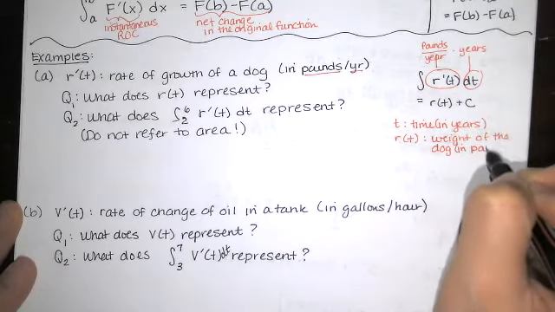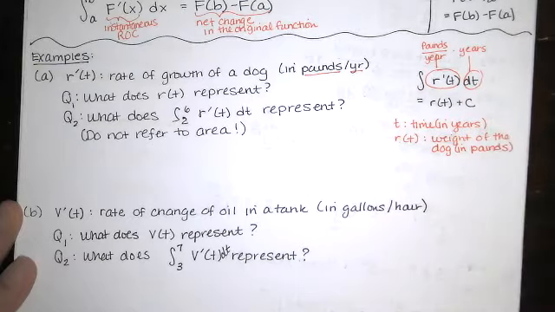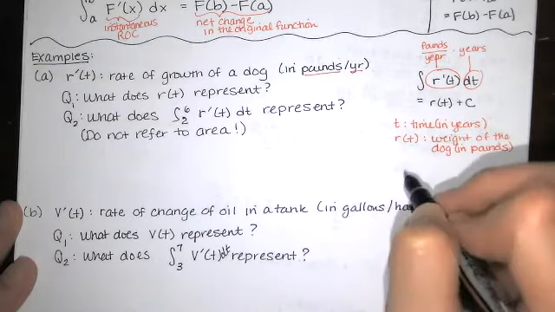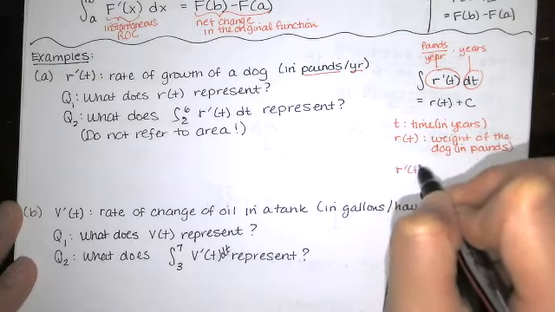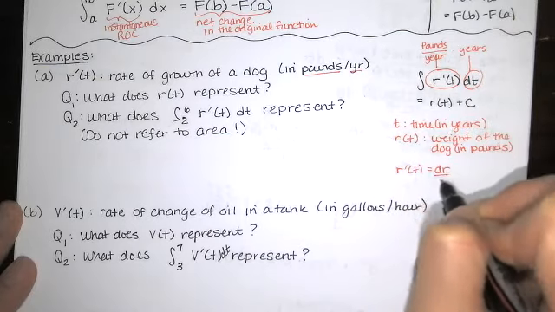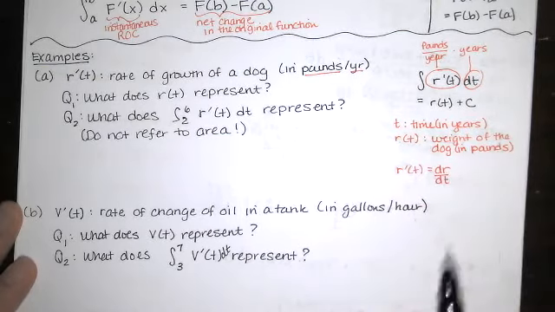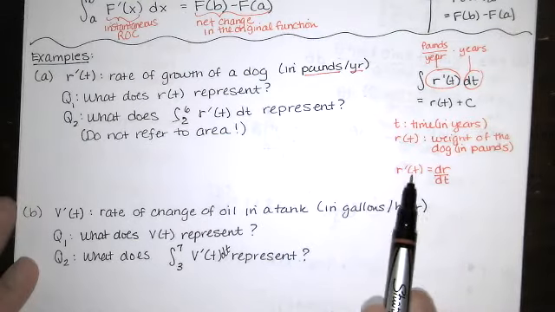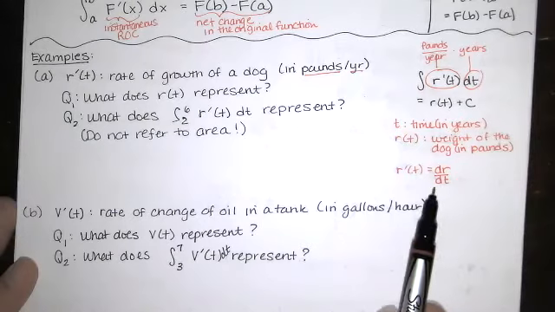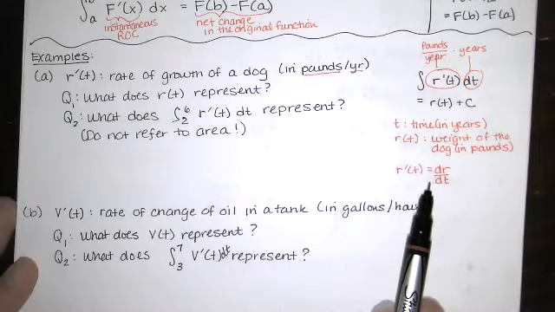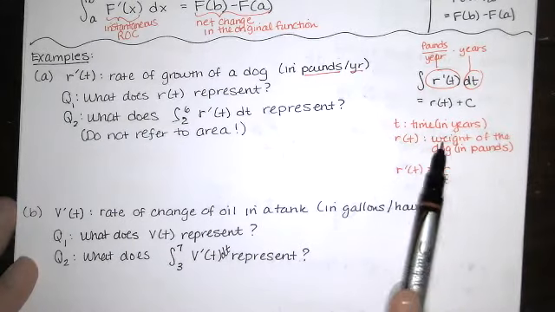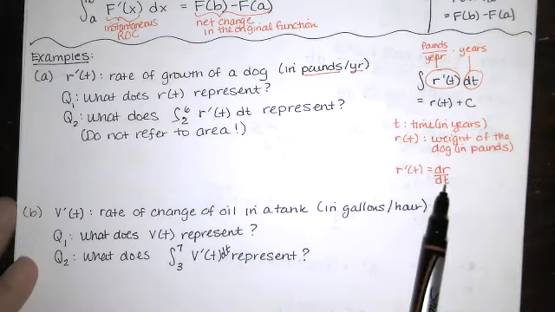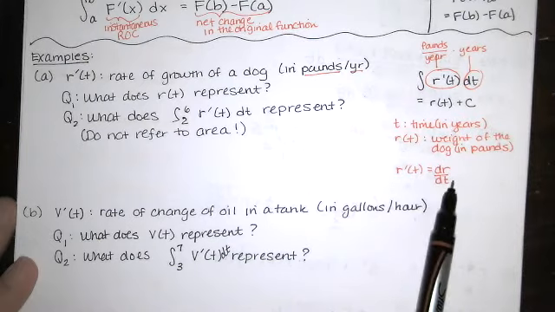And I think this makes sense given what we know about rates of change. R prime of t can be written this way. I love that Leibniz notation because it reminds me of slope. This tells me I'm looking at instantaneous change in r as time changes. So we're saying, how does the weight change as that number of years changes?